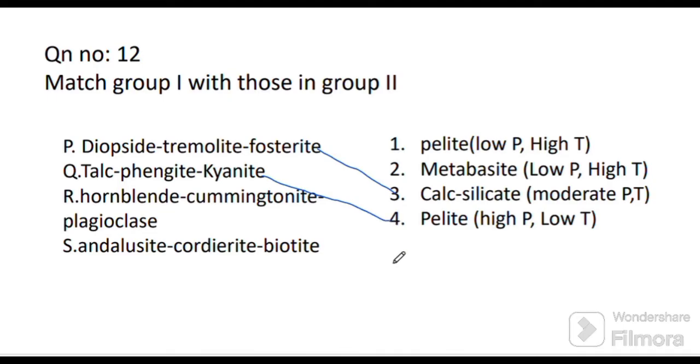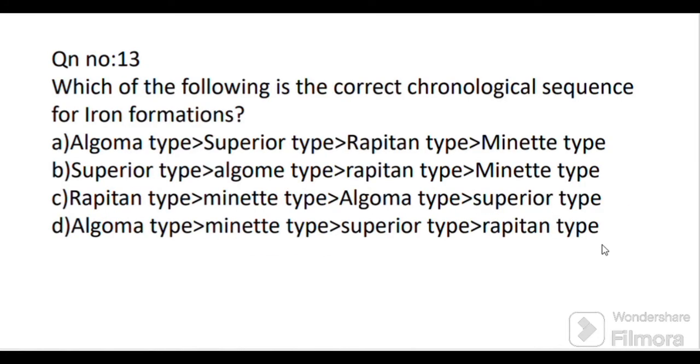Option 4. Next, R is hornblende, cummingtonite and plagioclase, which is option 2, metabasite, low pressure and high temperature. S, andalusite, cordierite and biotite is option 1, pelite, low pressure, high temperature. Moving to the next question.